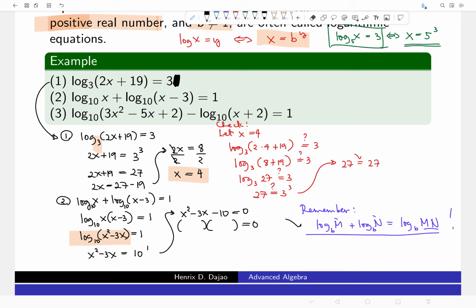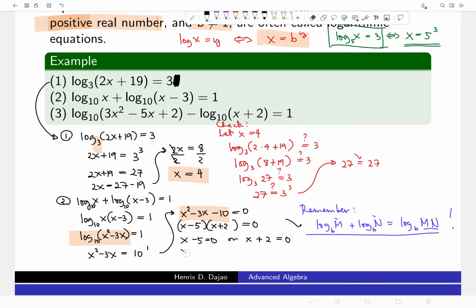It's quite easy. So let's apply factoring: x minus 5 times x plus 2. Remember, we're going to factor this one. And so just continue. Of course, this becomes x minus 5 equals 0, or the other one is x plus 2 is equal to 0.